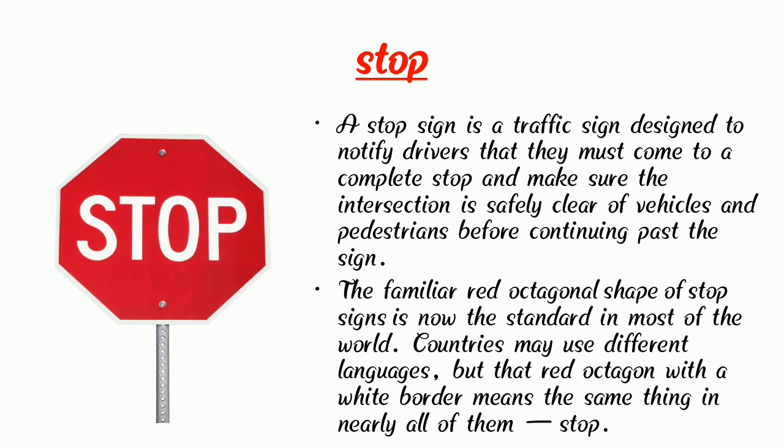You are all familiar with a red octagonal shape. So the stop sign is a traffic sign designed to notify drivers that they must come to a complete stop and make sure that the intersection is safely clear of vehicles. So children, you all understand this sign.